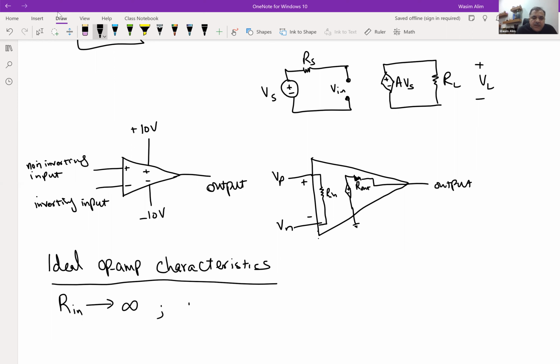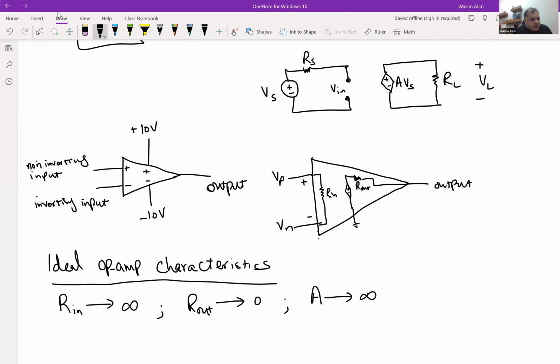We want the output resistance to be very small. And we want the gain to be as large as possible, right? So ideally, it should approach infinite gain, right? Of course, in reality, it's not going to be that, but ideally, we want that, okay?